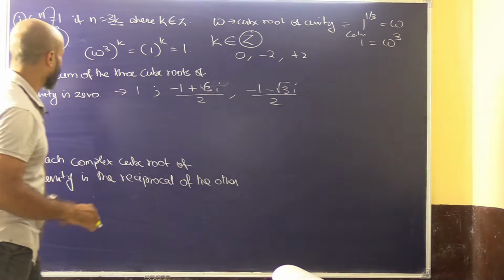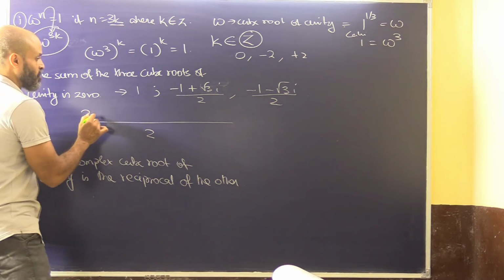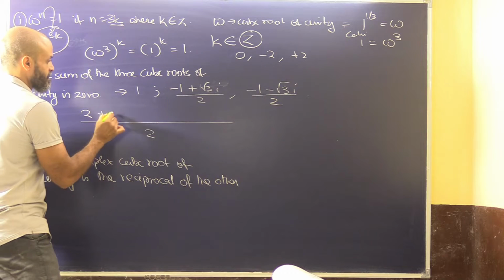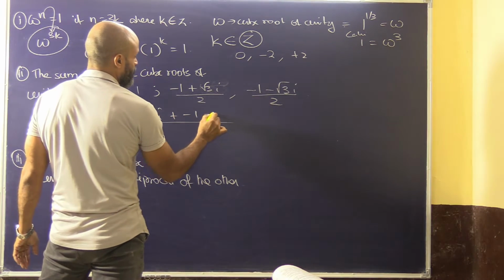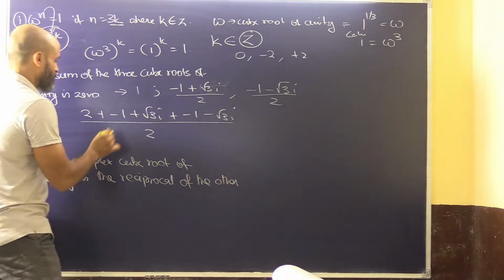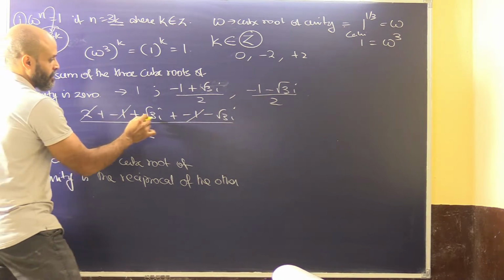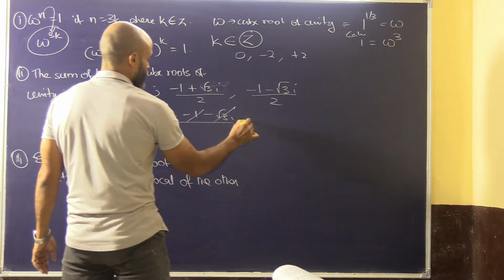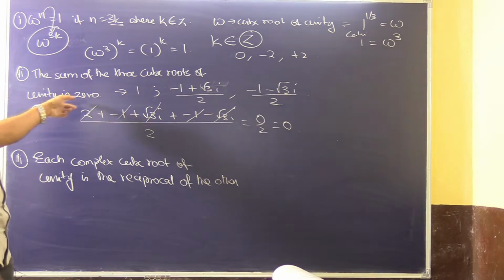So if I happen to add all of them, this will be 2 plus (-1 + under root 3i) plus (-1 - under root 3i). So obviously minus 1 and minus 1 cancel the 2, plus 3i minus 3i. So obviously this will be 0 by 2, and this will be 0. So the sum of the 3 cube roots of unity is 0.